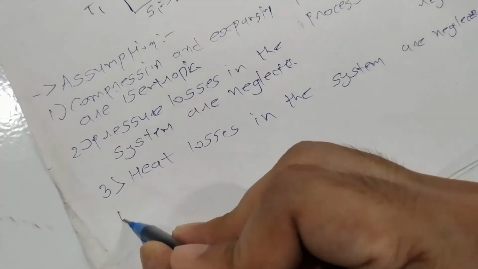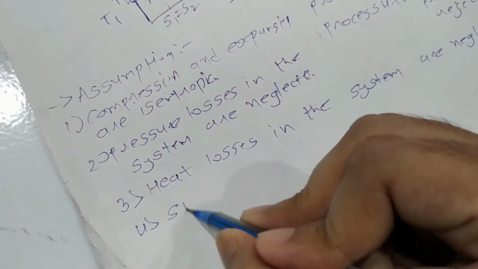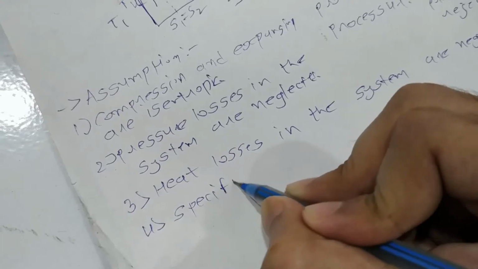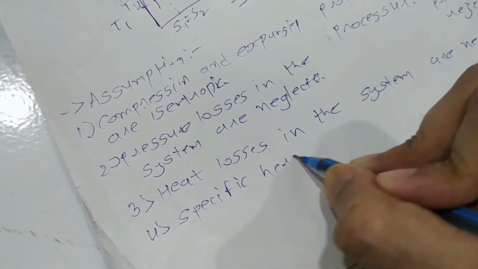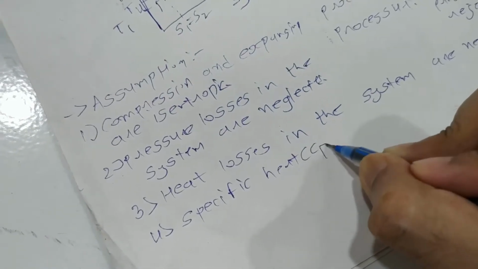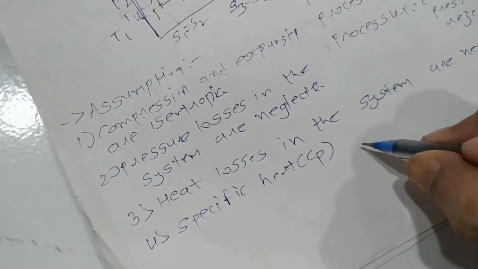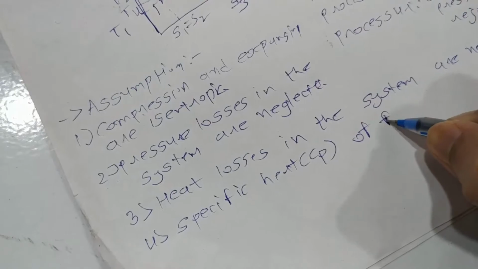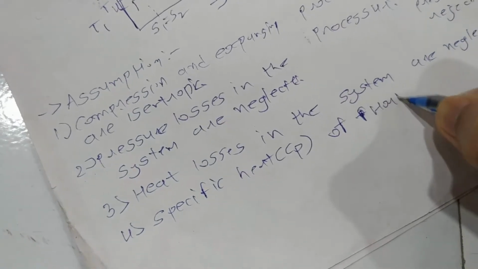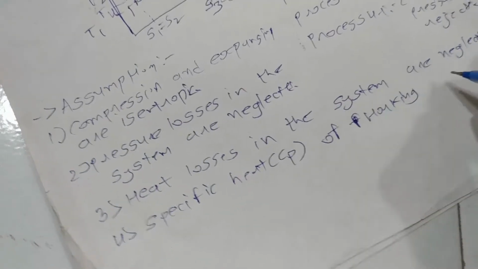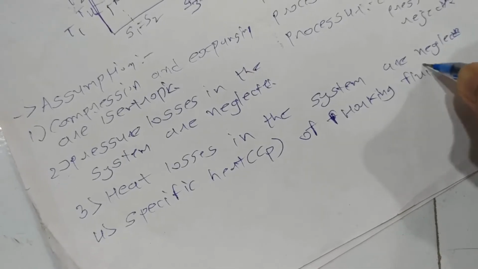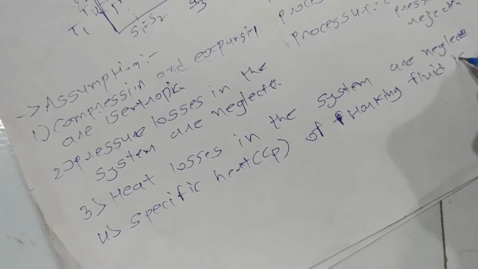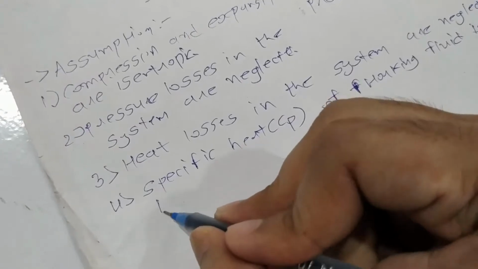And the fourth thing we have to assume is that the specific heat, known as Cp, of the working fluid is taken as constant.